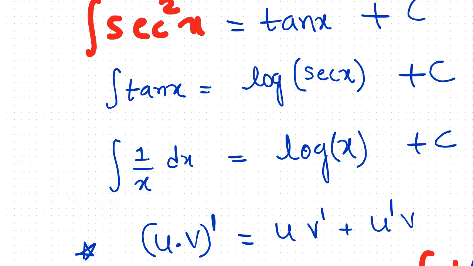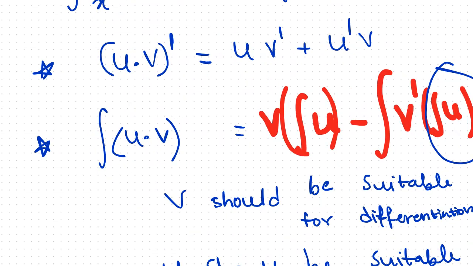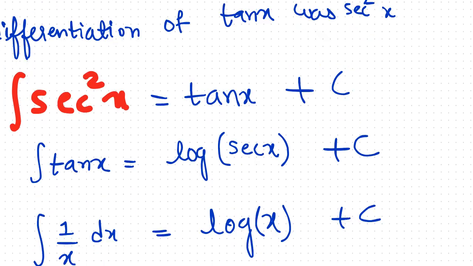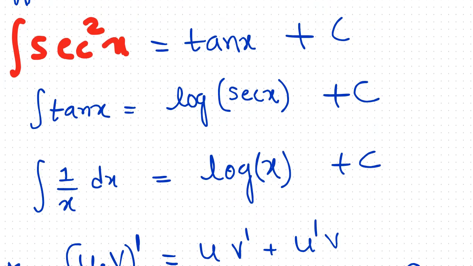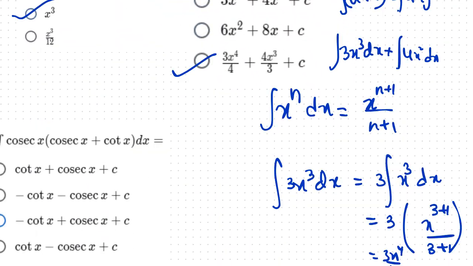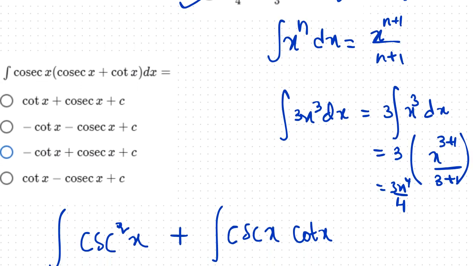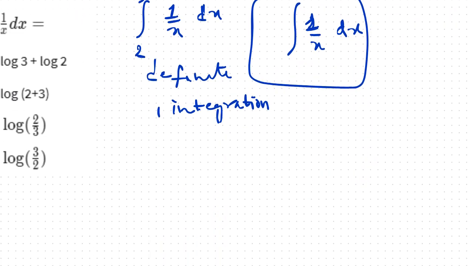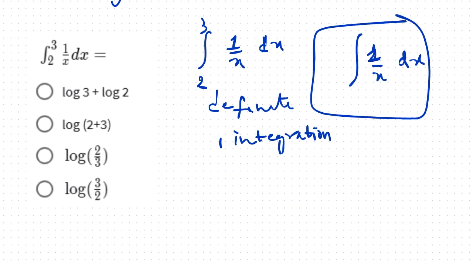I'm mixing up the first part and the second part. They are a bit similar, and there are more formulas to remember. In differentiation there are certain formulas, and in integration there are certain formulas. We also need to ensure that plus and minus symbols are correctly placed.